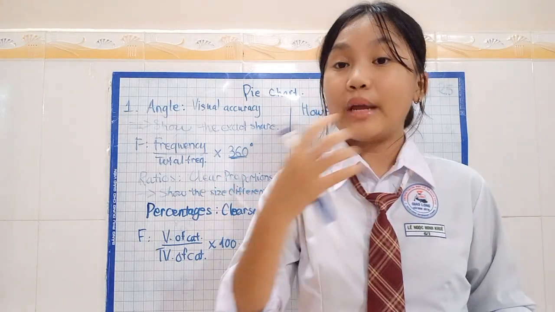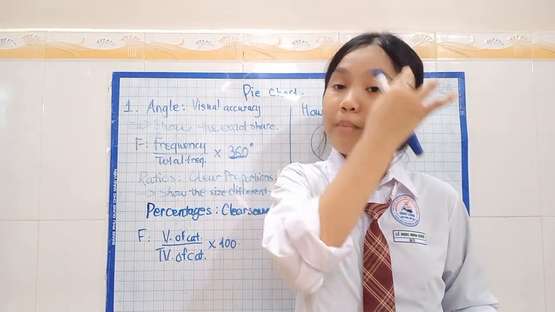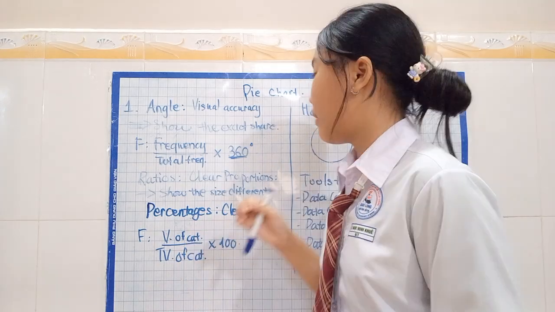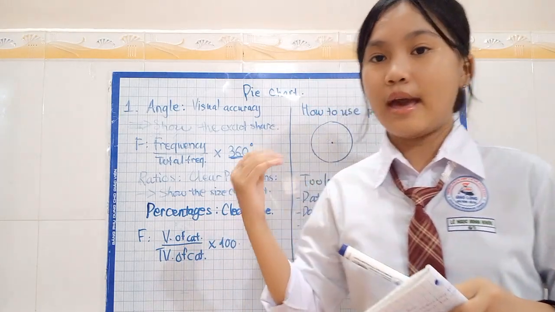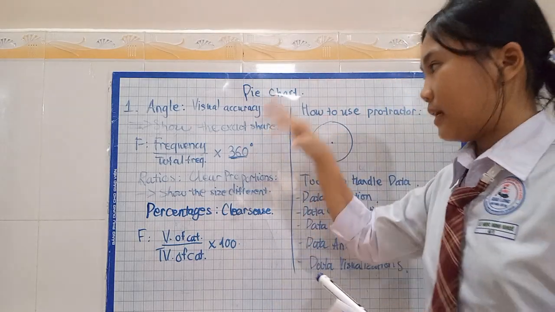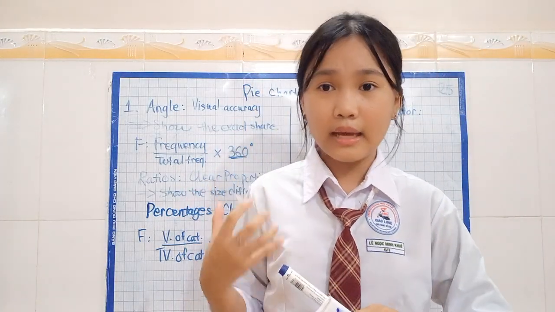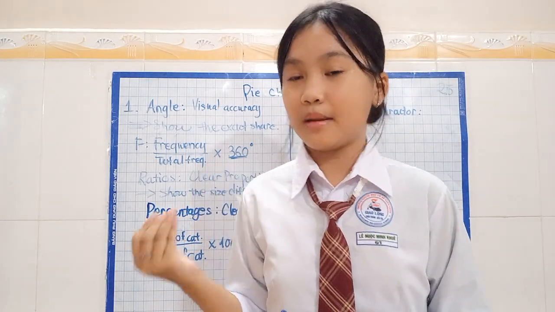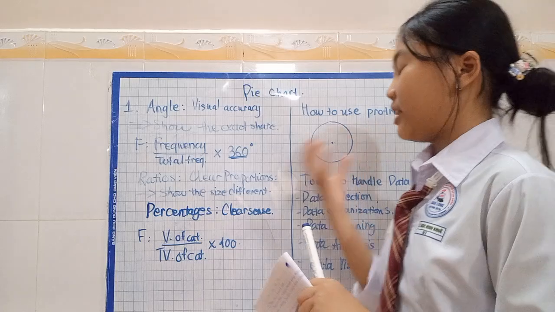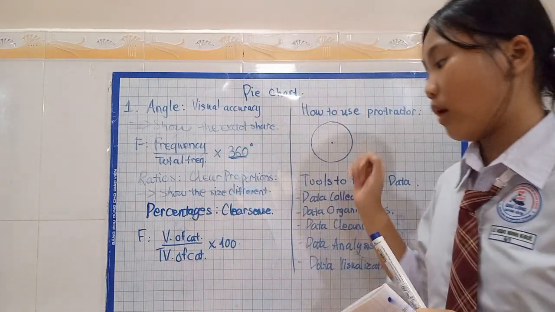If we have the ratio, we get a better look at the visualization, and we can see whether a part is big or small. When we look straight at it, we can get the hang of the ratio, and we can estimate the percentage or the frequency of each category. So that is one thing.